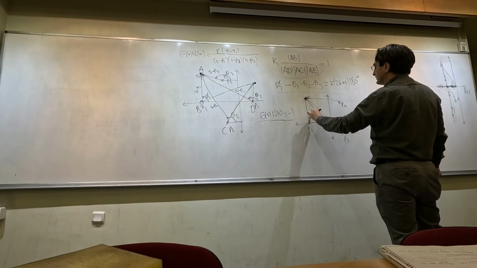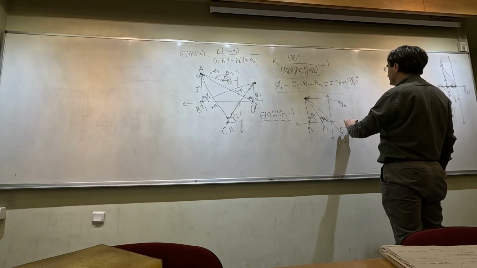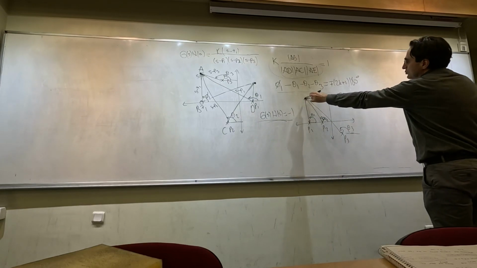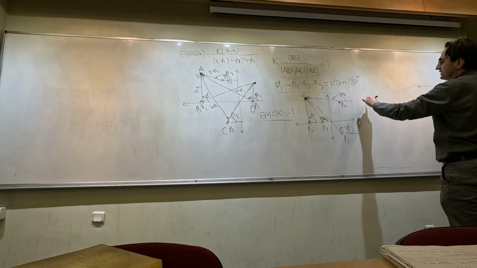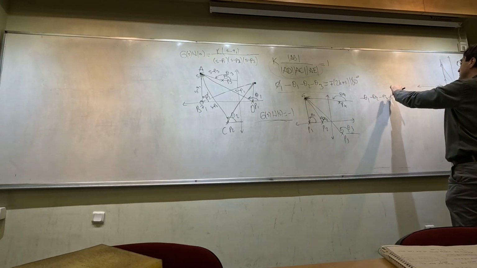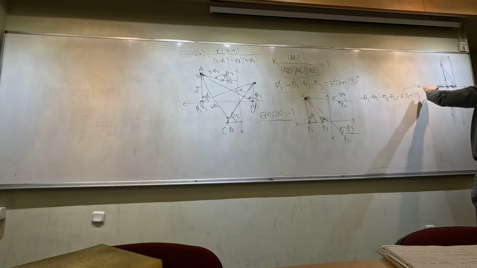Okay? So this is theta 1, this is theta 2, this is theta 3, and this is theta 4. The angle condition for this S point is minus theta 1, minus theta 2, minus theta 3, minus theta 4 is plus minus (2k plus 1) 180 degrees.